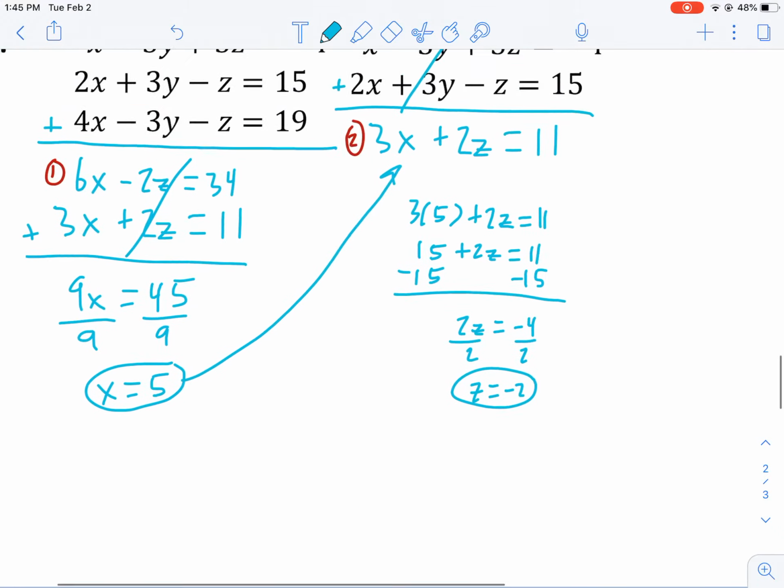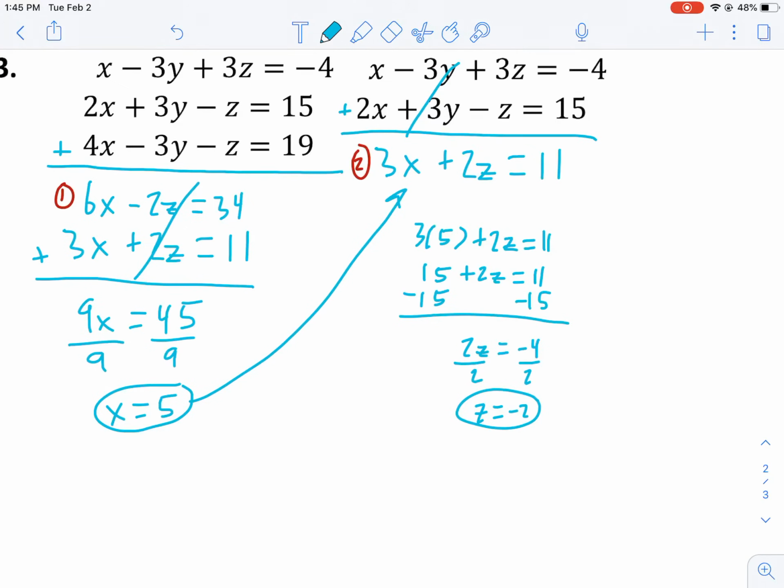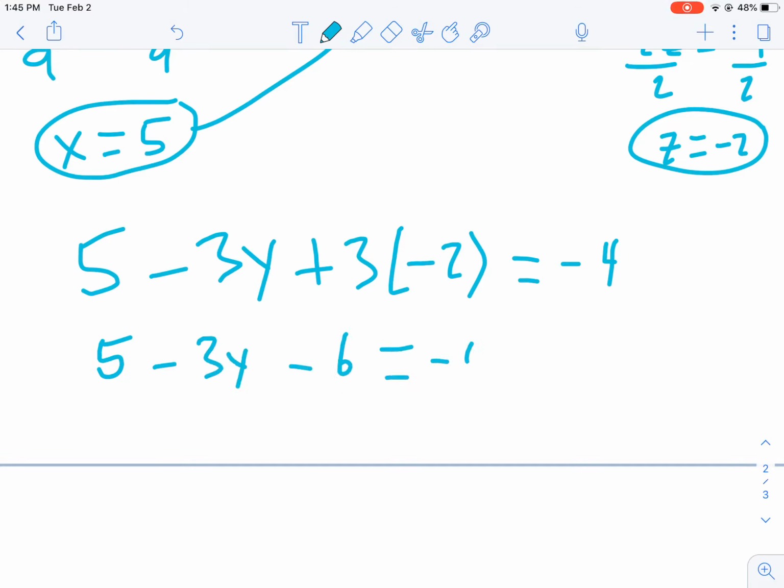Okay? Now we can take both of them back in and solve for y. I'm just going to say the top equation, just randomly. So that'll be 5 minus 3y plus 3 times -2 equals -4. So 5 minus 3y minus 6 equals -4.